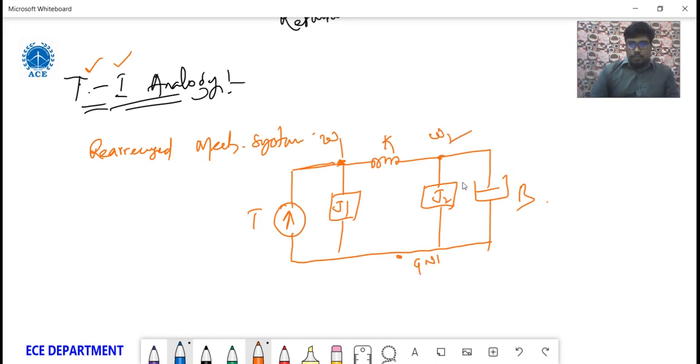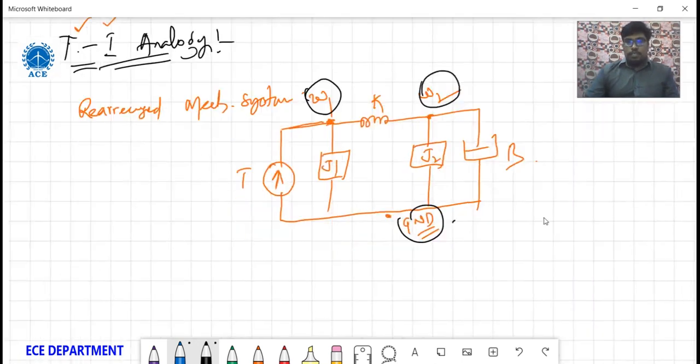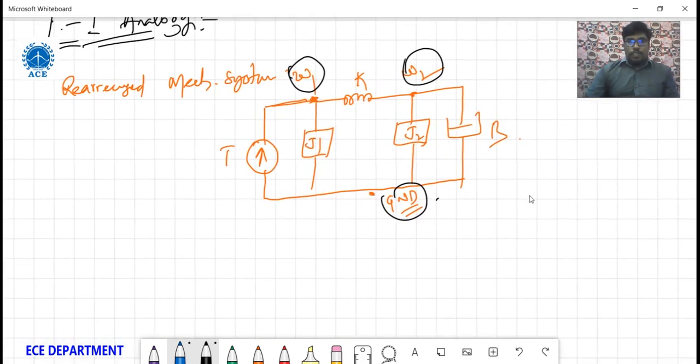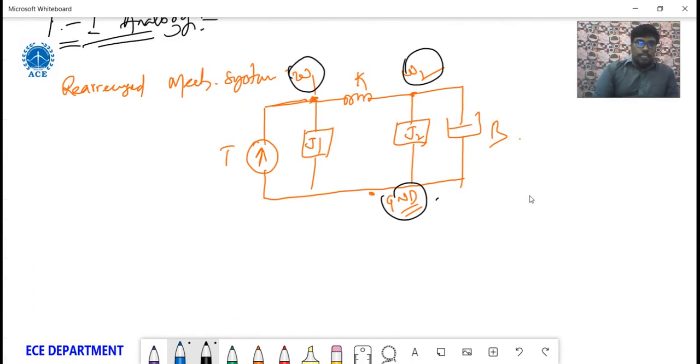This is ground. So whenever we are converting torque to current, then the same network you need to draw with the replacement of elements. That's all, simple.